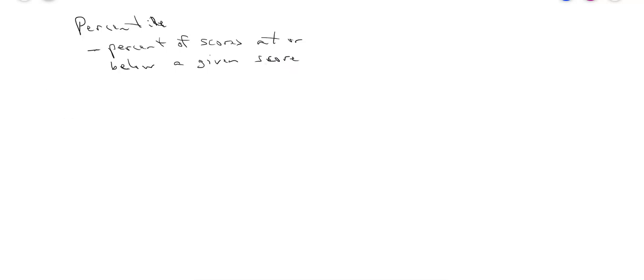Okay. So let's say I have a set of data values and you scored a 35, right? And you think, it's pretty good. And then you think, well, wait a minute, how did everybody else do?